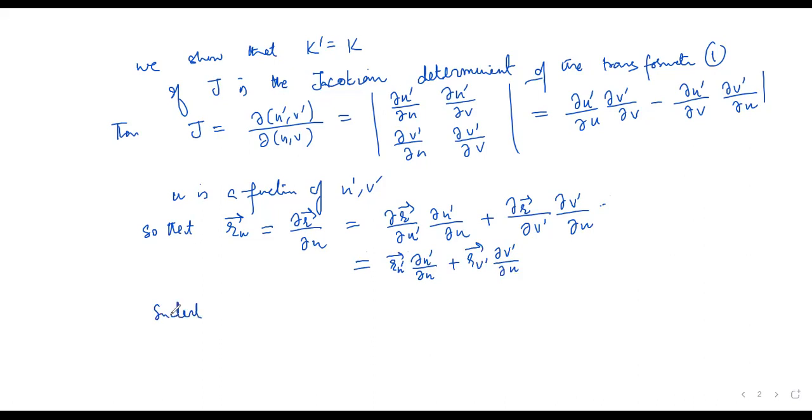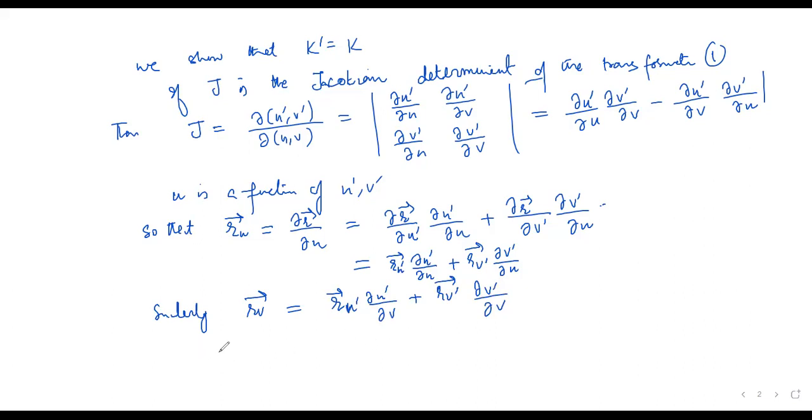Similarly, by chain rule, r sub v is equal to r u prime into del u prime by del v plus r sub v prime into del v prime by del v. Right.